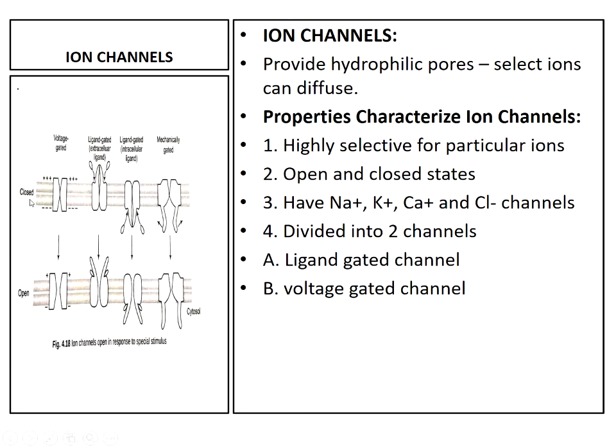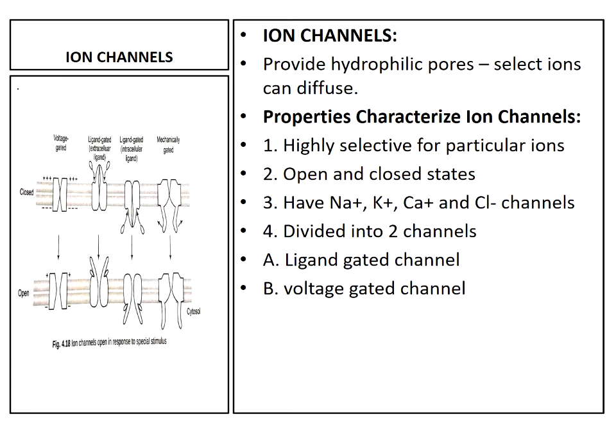In this diagram you may observe the closed and open states, and most cells have a variety of ion channels. The ions may be sodium ion, potassium ion, calcium ion, and also chloride.